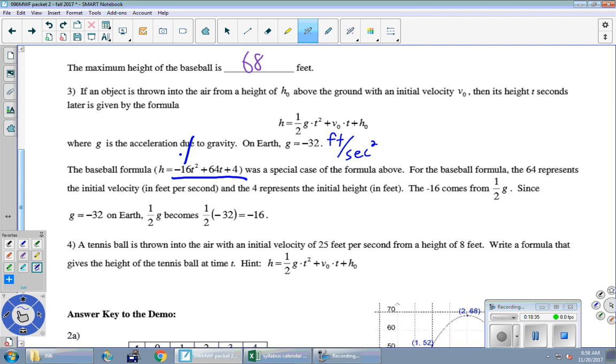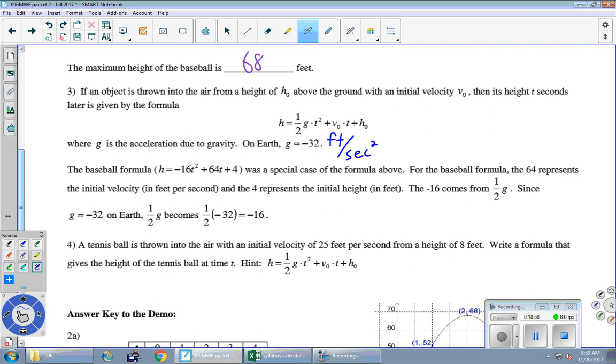Let's see. Why was there negative 16 here? Well, look, it's a 1/2 times g, right? And g here on Earth is a constant negative 32 in every problem here on Earth. So 1/2 of negative 32, that's the negative 16. Where might the g, the force of gravity, the acceleration due to gravity, be different?